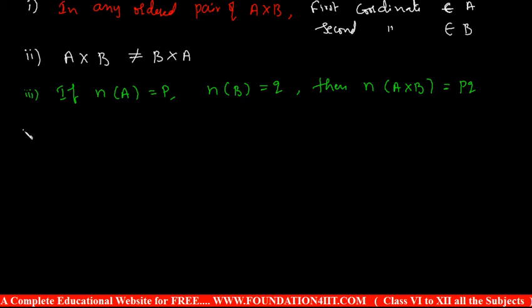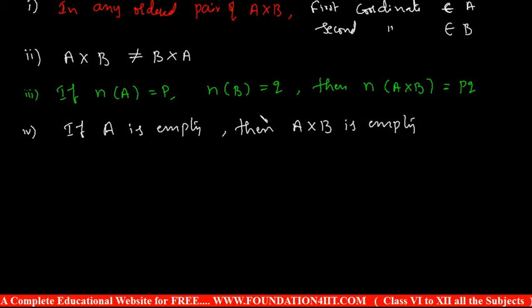And if A is empty, if the first set is empty, then A cross B will also be empty, because in the first set there is no element, so the ordered pair's first coordinate we can't write. So A cross B is empty.